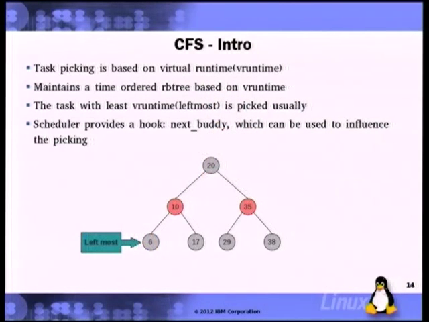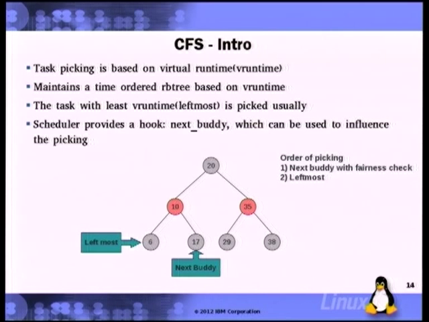All the time, the leftmost node is the best node to be picked. That's the node which needs the CPU the most. There are some scheduler hooks provided, known as set next buddy.